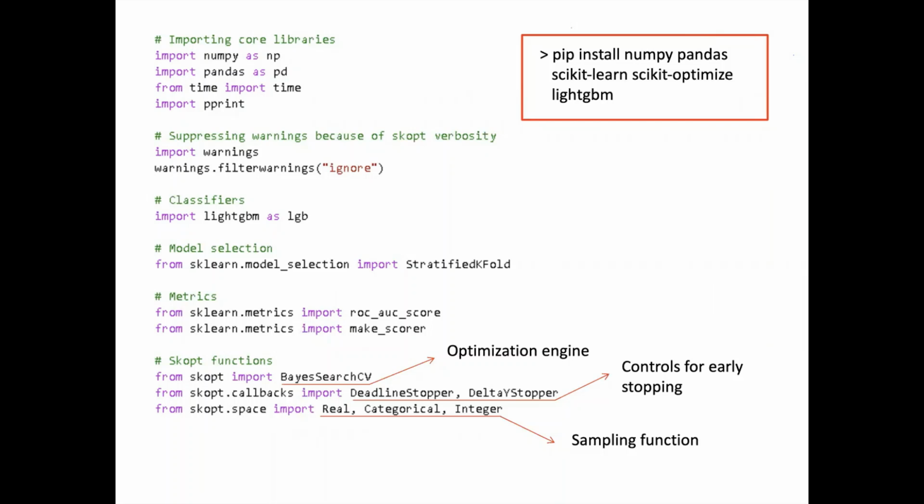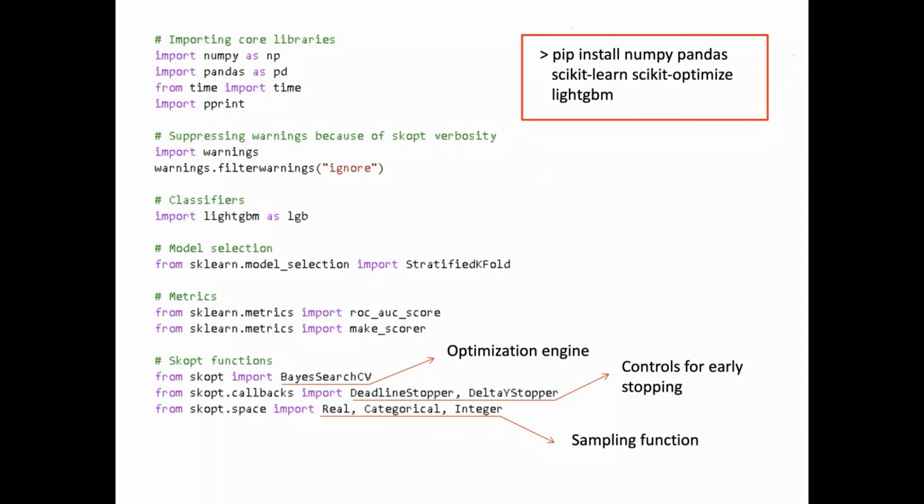The first steps are relative to importing all the libraries, all the packages that you need for this task. Apart from NumPy and Pandas, basically you need LightGBM, which is your prediction algorithm, and the skopt functions. In particular, you need BayesSearchCV, the optimization engine.